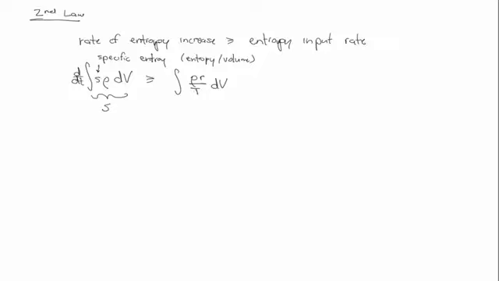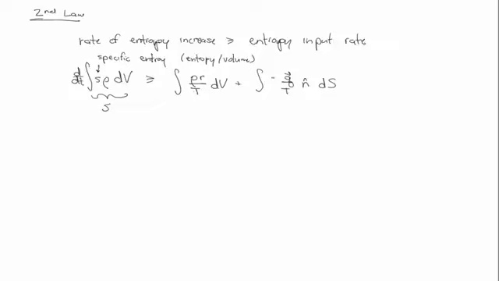And T is the thermodynamic temperature, and that's equal to the minus of the heat flux over the temperature dotted with a normal over any bounded system S, so the boundary.